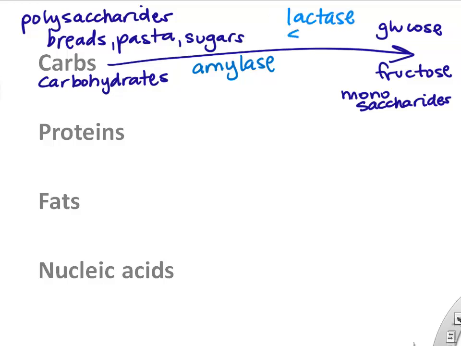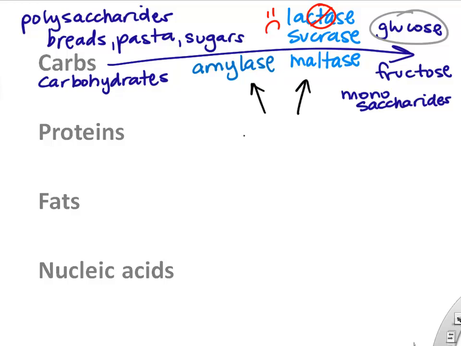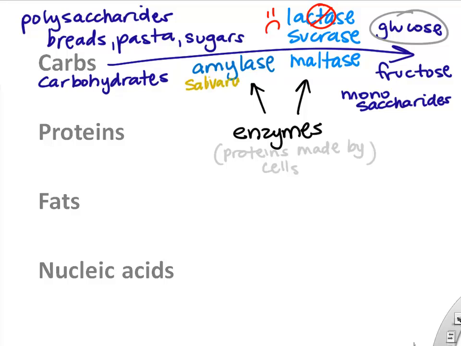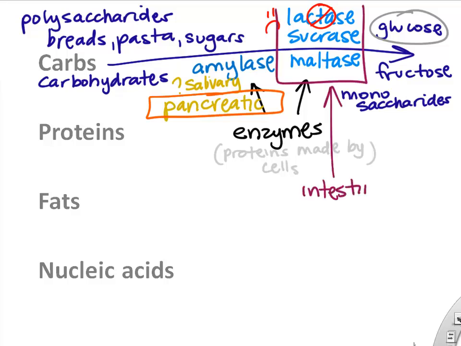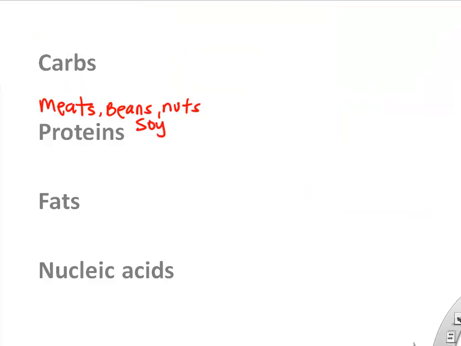First we use amylase, and then we use a set of enzymes such as lactase, sucrase, and maltase, and we finally reach things like glucose, which we can absorb. Amylase and maltase, again, are enzymes. We get a little bit of amylase from our saliva, but most of the amylase is from the pancreas. The lactase, sucrase, and maltase are actually made by our little intestinal epithelial cells.